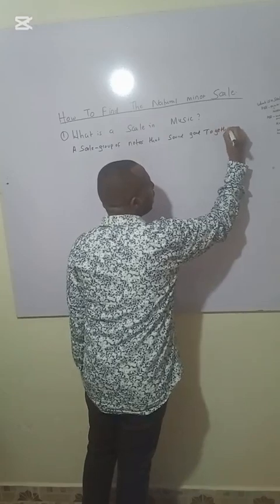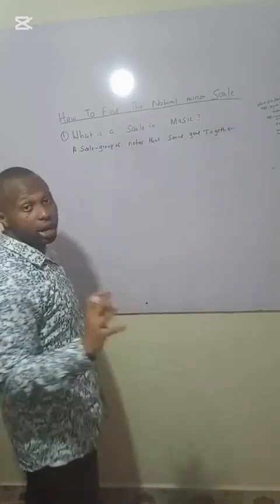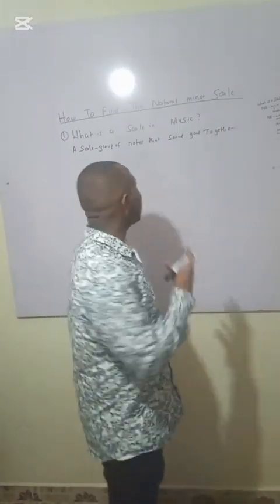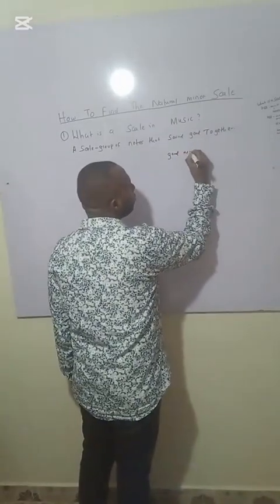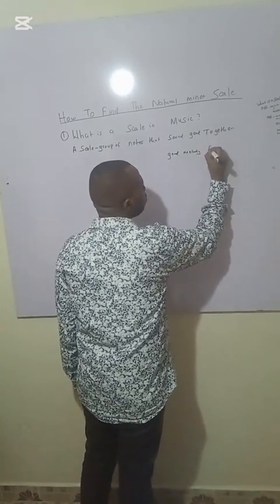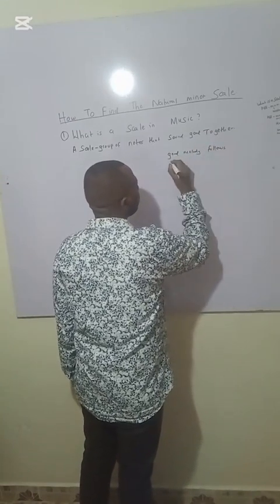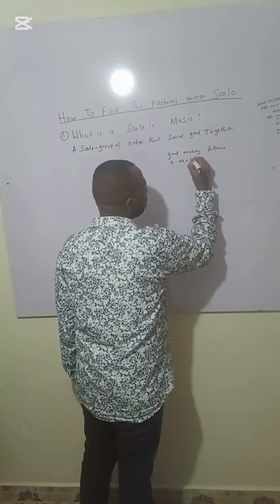And guys, why learn about scales? So the reason why you need to learn about scales is that when you understand scales, you're going to make actually good melodies, because a good melody follows a musical scale. So guys, it's very important for you to understand scales.